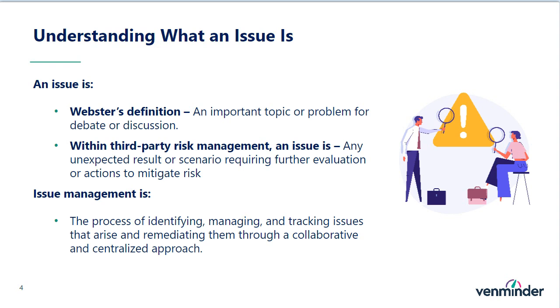It's the process of identifying, managing, tracking, and remediating, making sure it's collaborative and the right players are on the field for this game, and making sure it's centralized so everyone has visibility to the status, the potential impact, and what's being done about it. So that's what we're here for today: to talk about issues, how to manage them, and why it's so important across the entire life cycle.